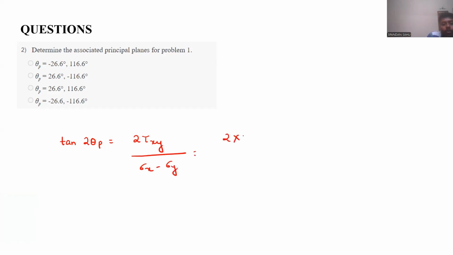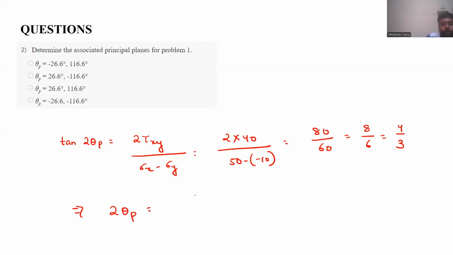So 2 into 40 upon 50 minus of minus 10. So 80 upon 60 equals 8 upon 6, that is 4 upon 3. So 2 theta p equals tan inverse 4 upon 3.